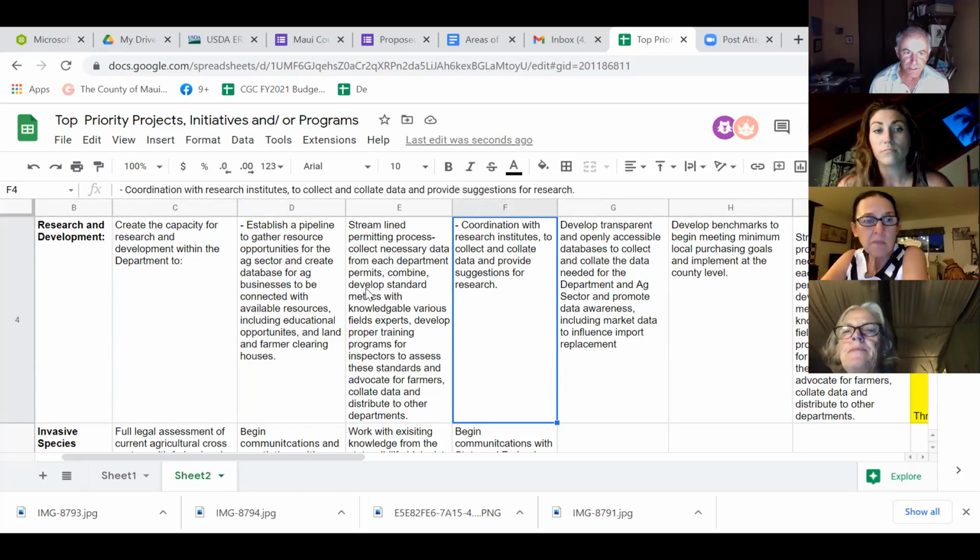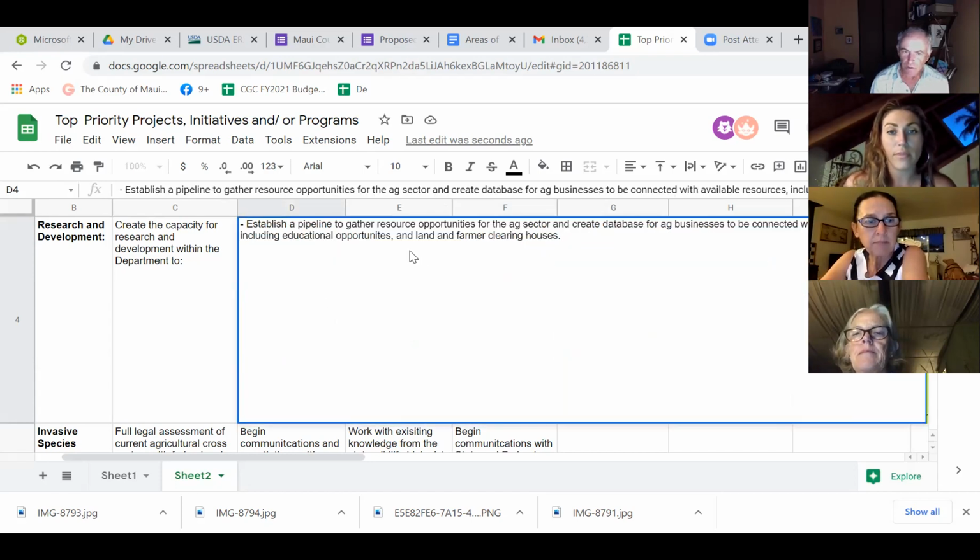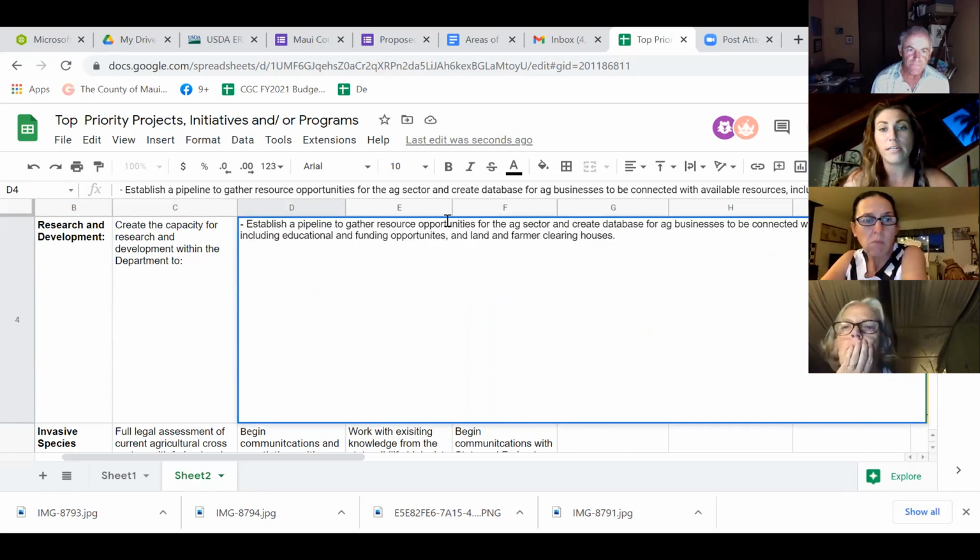So if you said it includes educational opportunities, funding opportunities, and land and farmer clearinghouses. Okay. Should I say including but not limited to? Yes. Sure.